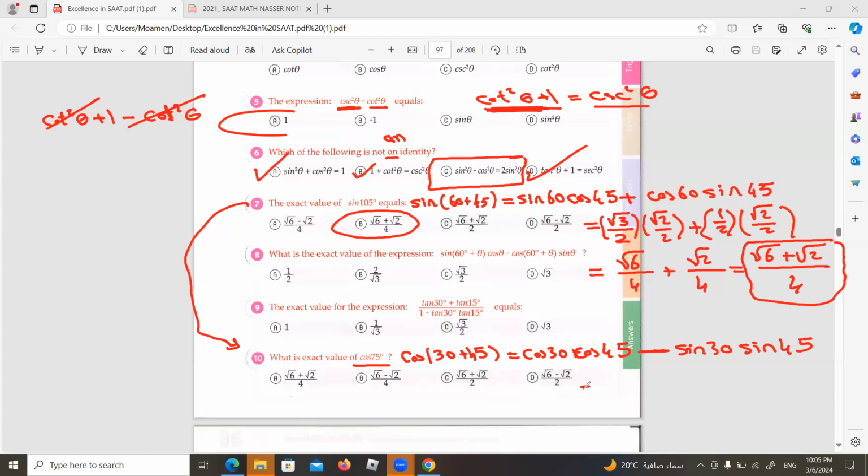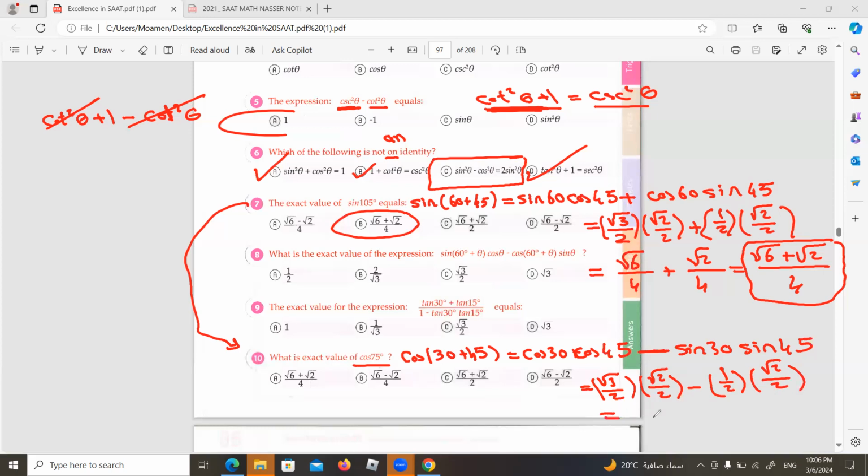So it equals cosine 30, root 3 over 2, times cosine 45, root 2 over 2, minus sine 30, half, times sine 45, root 2 over 2.